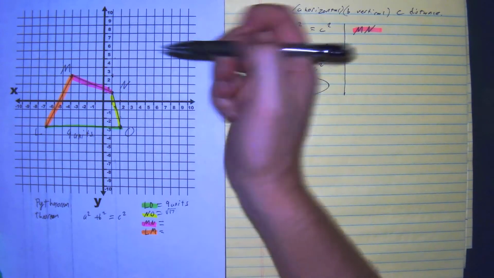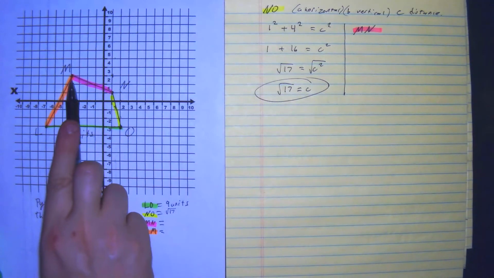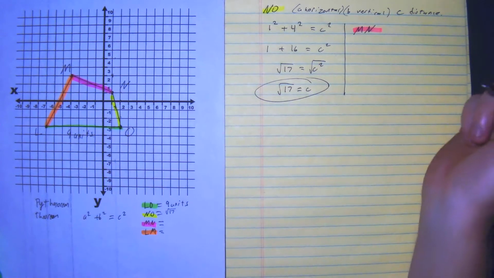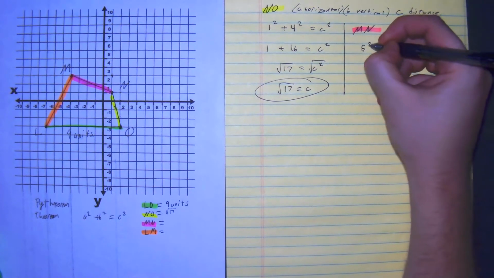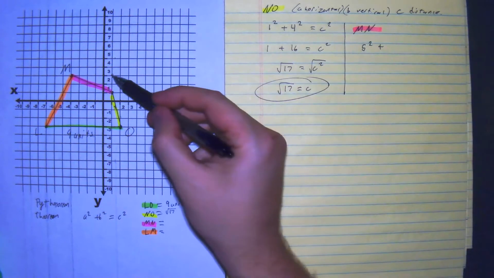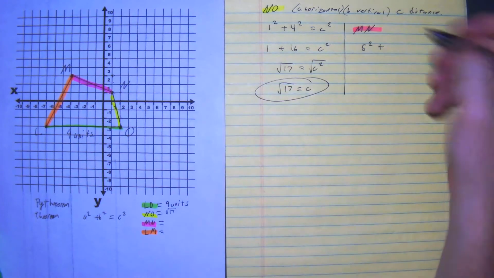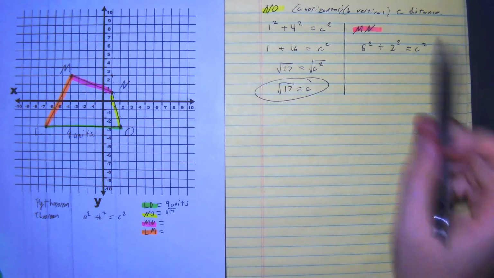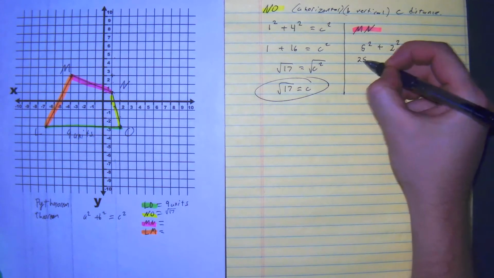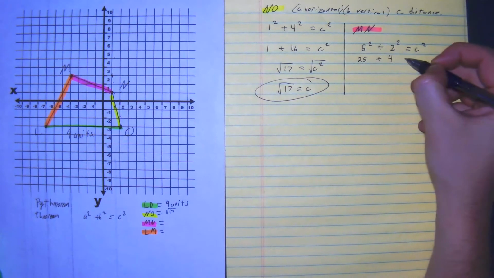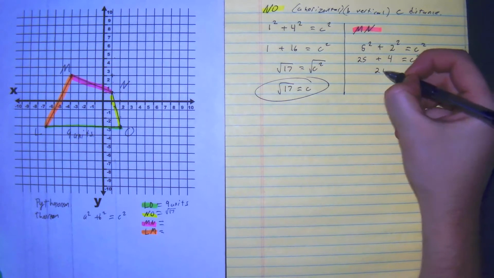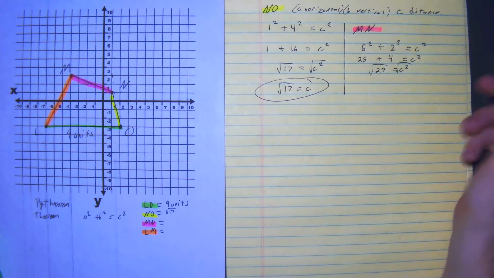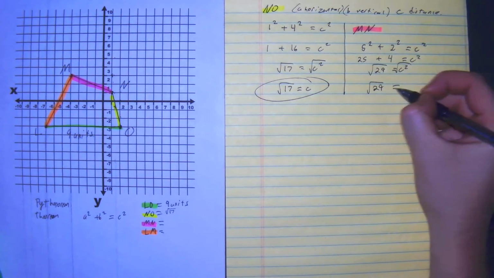Looks like it's 5 units. Let me just make sure I have that right. 0, 1, 2, 3, 4, 5. So we have the horizontal distance as 5 squared. The vertical would be 0, 1, 2. So that would be 2 squared. 5 times 5, you get 25. 2 times 2 is 4. You get 29 is equal to c squared, square root. Therefore, square root 29 is equal to the distance.